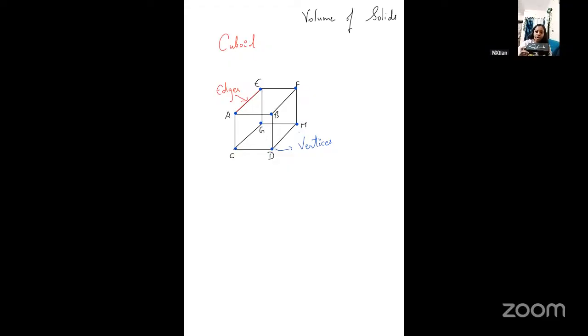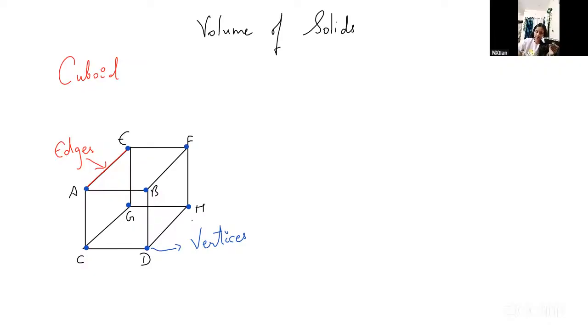And if you count, this is known as an edge. This line, then this line, this lower line, this side line. All these lines are edges.